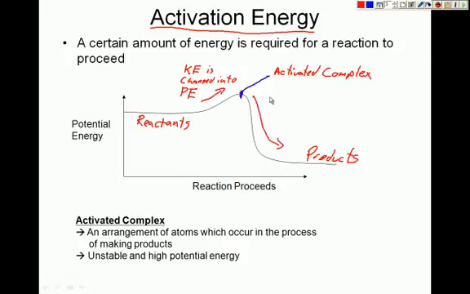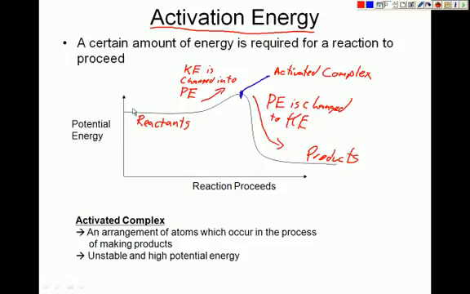And so in other words, potential energy is then changed back to kinetic energy. Okay, it's too unstable. There's too much potential energy here, and potential energy is then changed into kinetic energy. And this is how a reaction happens: it has to come together, and then change into products.